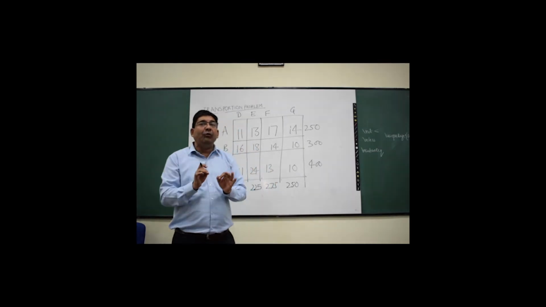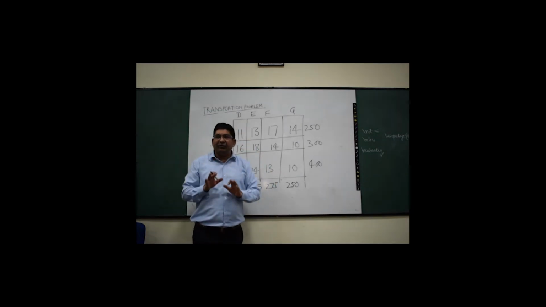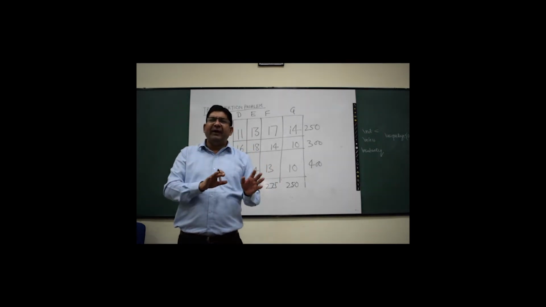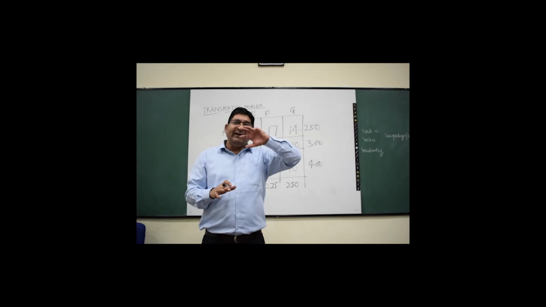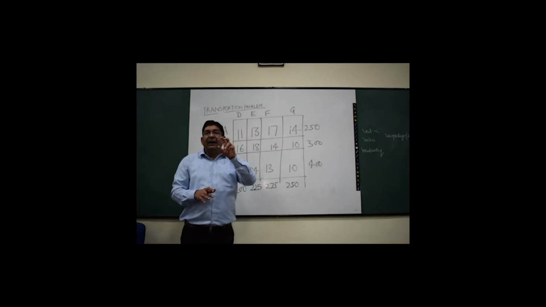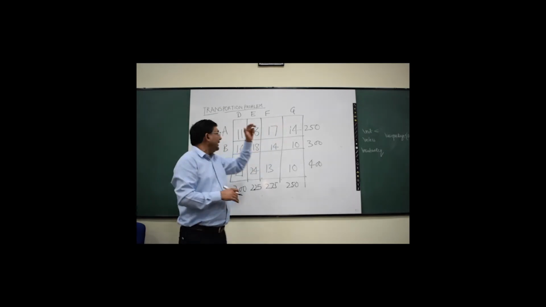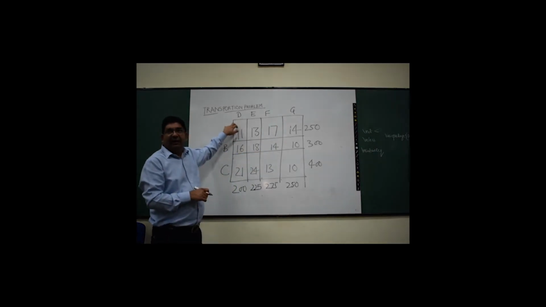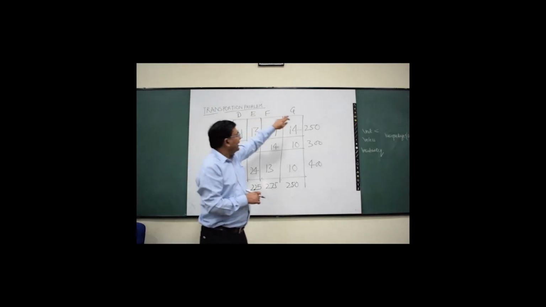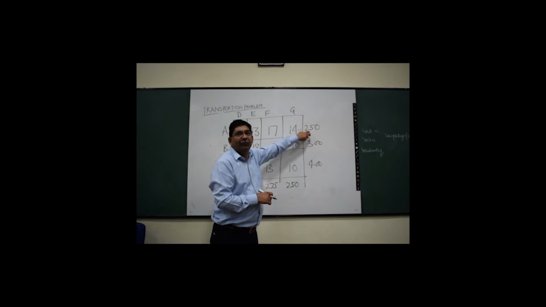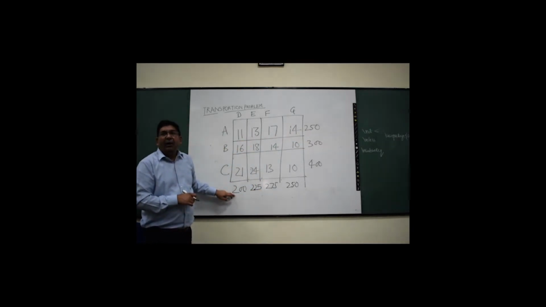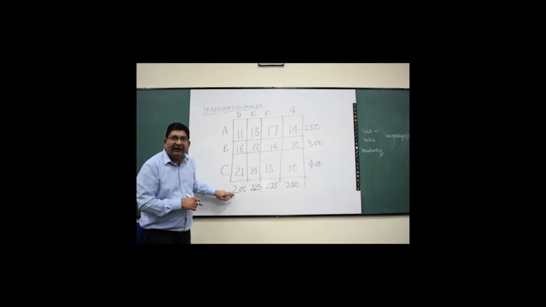Now we'll go to our next step. We have to find the initial basic feasible solution by the northwest corner rule, or northwest corner method. As the name suggests, we'll take the cell in the extreme northwest position. That is our first cell. The material available at the first source is 250, and the requirement of the first destination is 200.